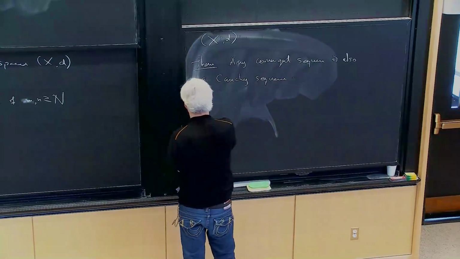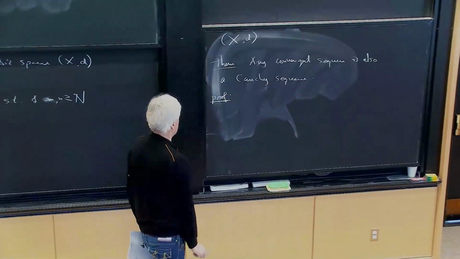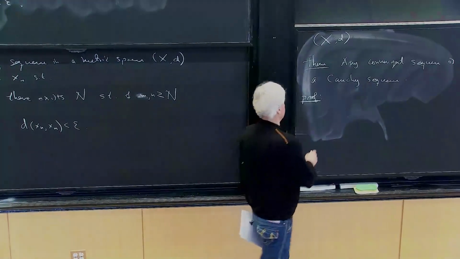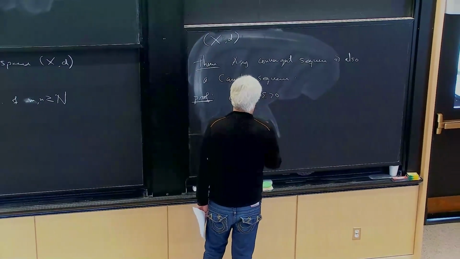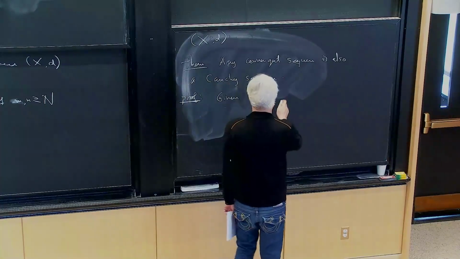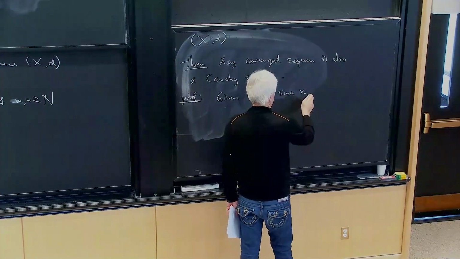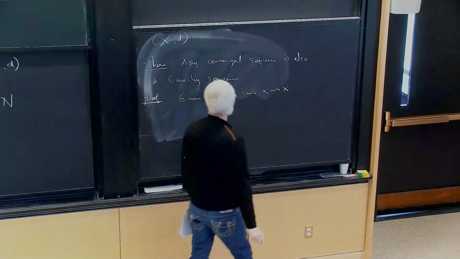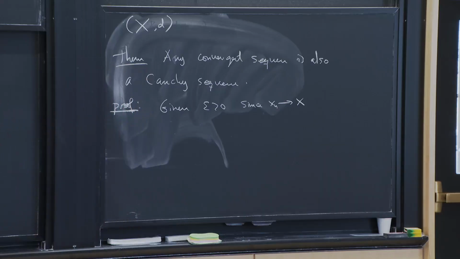And the proof is like this. So given epsilon, since xn is a convergent sequence, so you assume that xn is a convergent sequence, that has limit x.